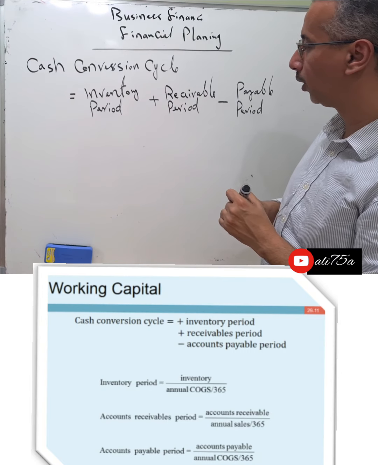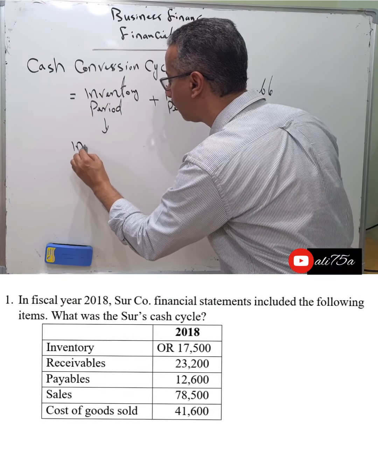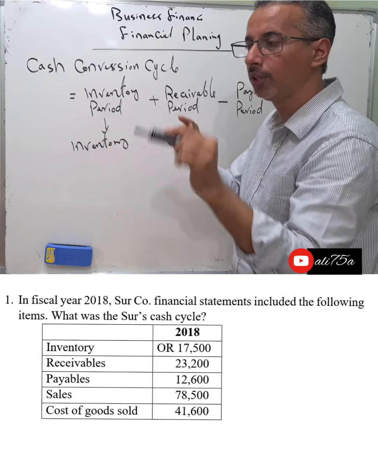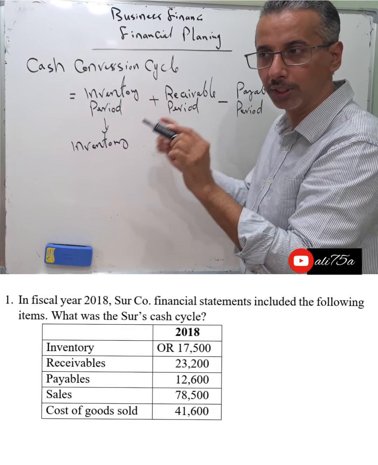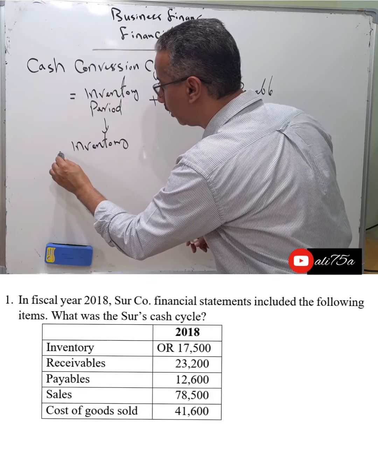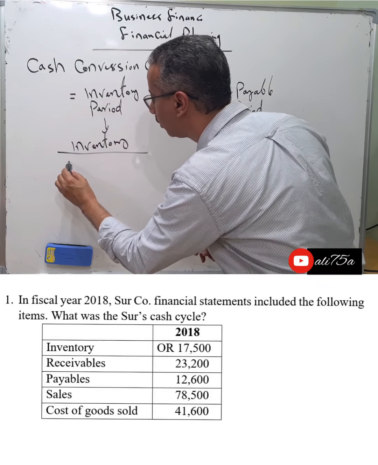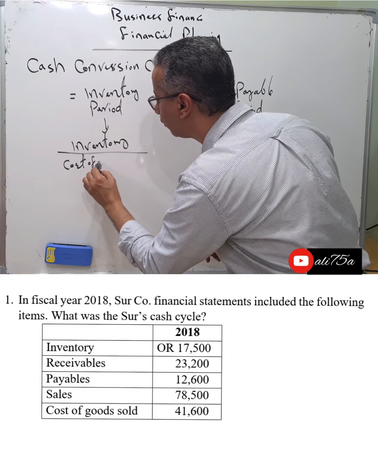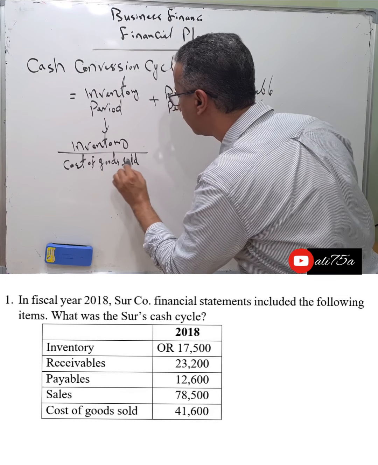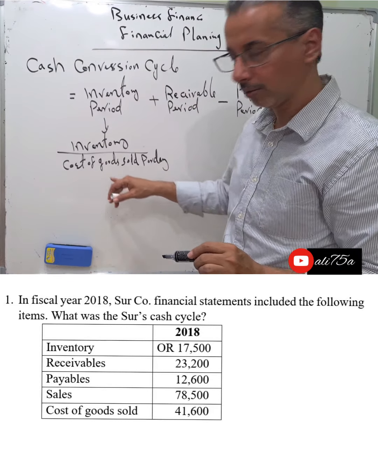How do we find the inventory period? We divide inventory at the end of the year, or we can take the beginning inventory plus ending inventory divided by 2, the average between the beginning and ending, or we take only the balance of inventory, divided by the annual cost of goods sold per day.